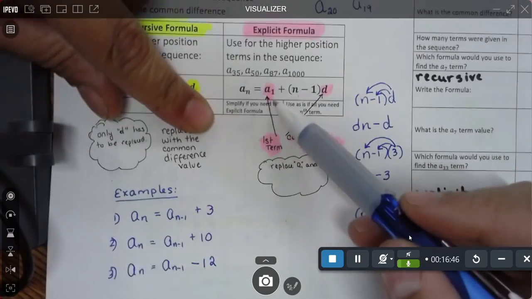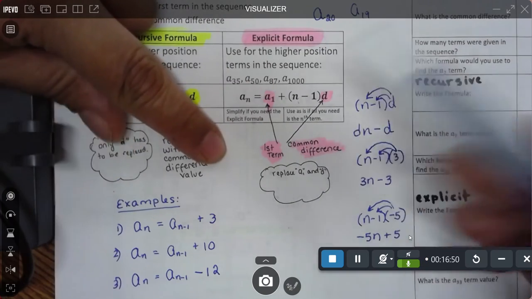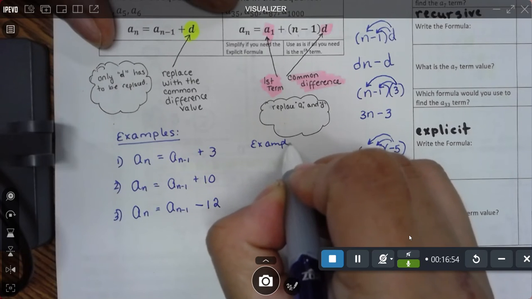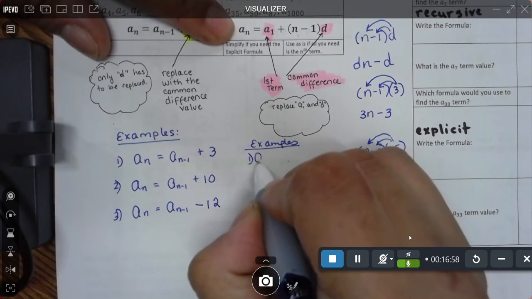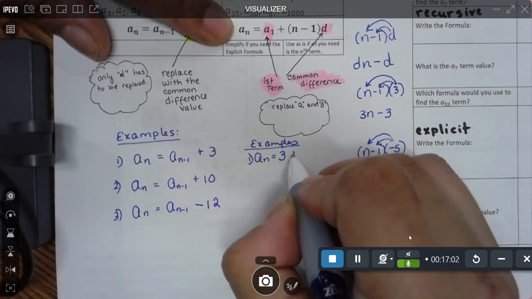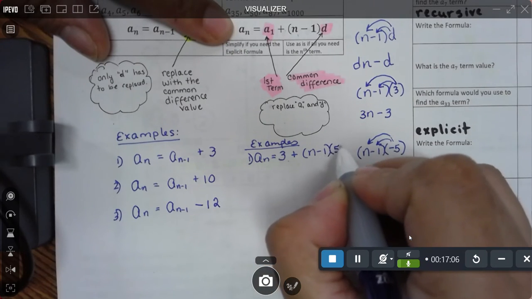When we're doing explicit formulas, the only thing you're going to plug in is a value for a1 and a value for d. So let's look at what it's going to look like, because in the beginning, it all looks weird. Let's do an example. Let's say a sub n equals 3 plus n minus 1 times 5.